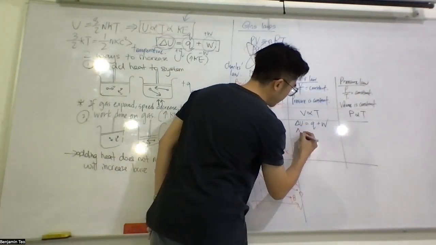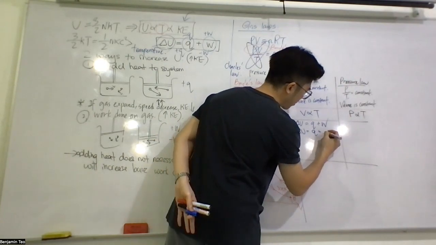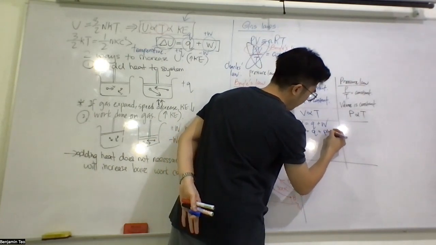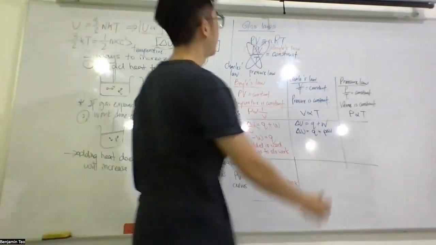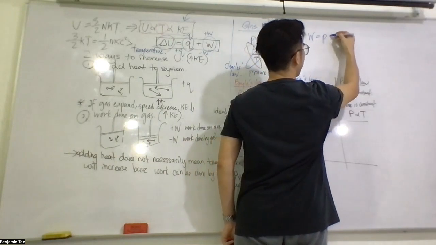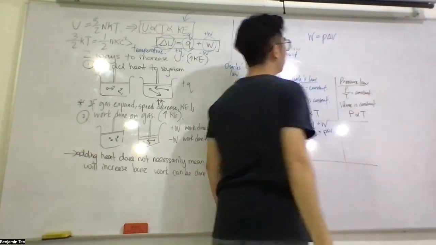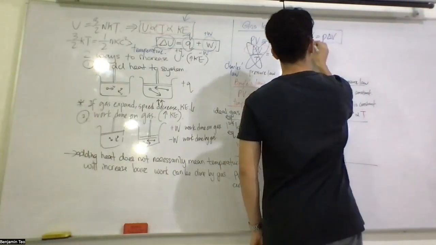The W, the work done, can be expressed as pressure times the change in volume. This is from your formula of the work done. Work done by gas is pressure times change in volume. This formula we use.